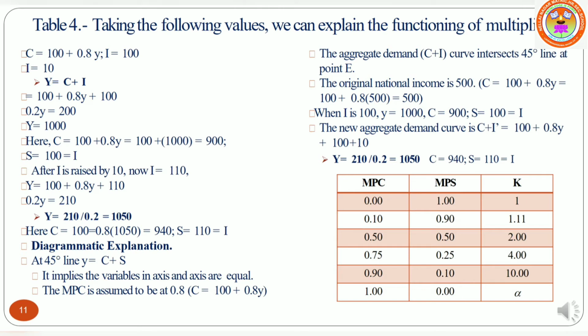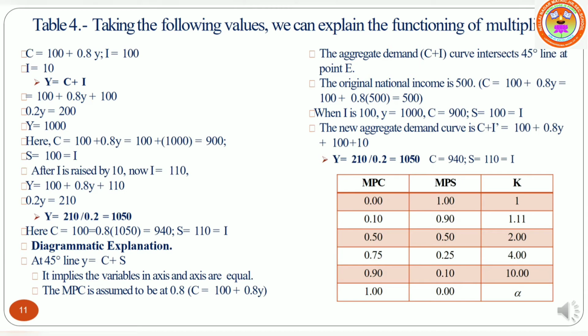Next one. Here C is equal to 100 plus 0.8 and we have to multiply with 1050, because investment increased by 10 more.